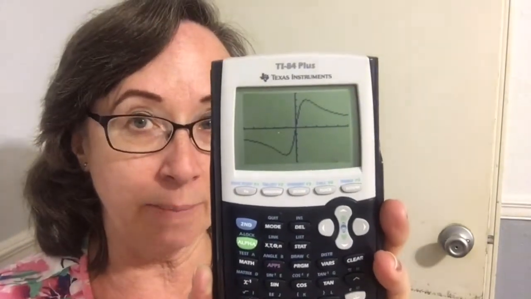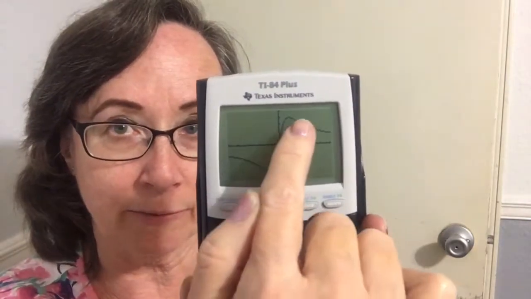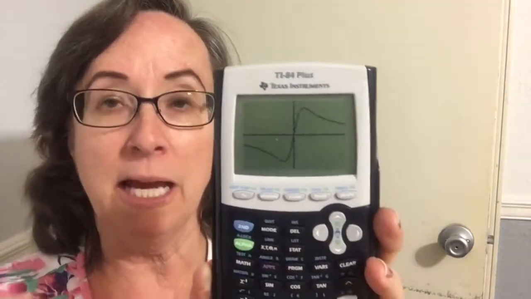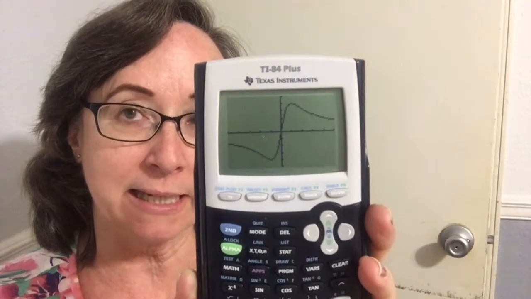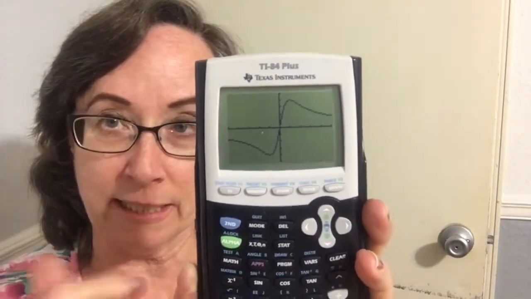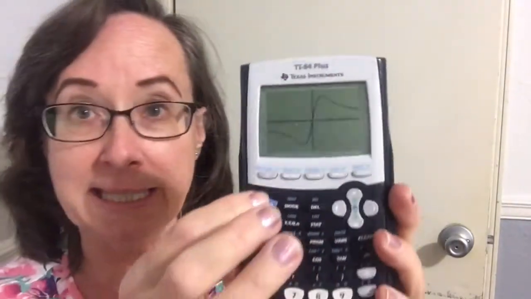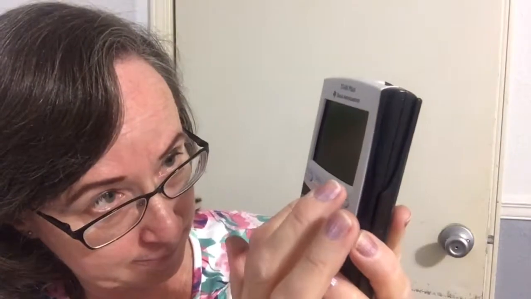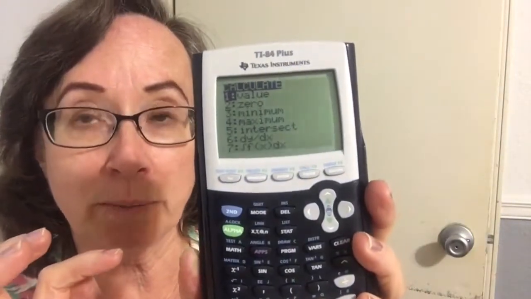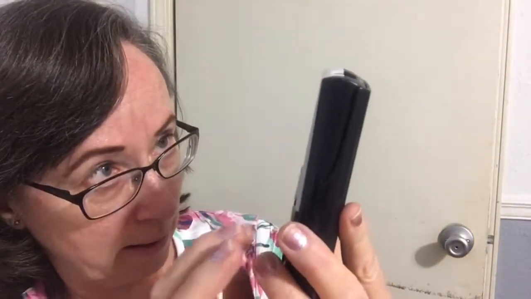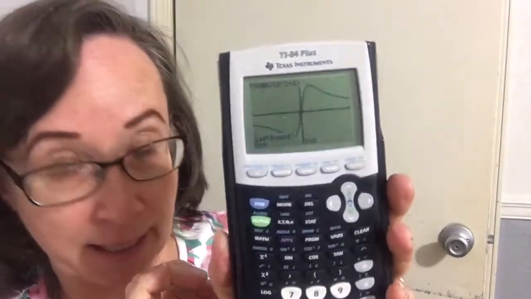So now our maximum is obviously going to be right over here. Our minimum is going to be there, but without giving it a little bit more definition here, we don't know exactly where that is. So again, we would do second calculate, and we would go to our minimum, and it says left bound.